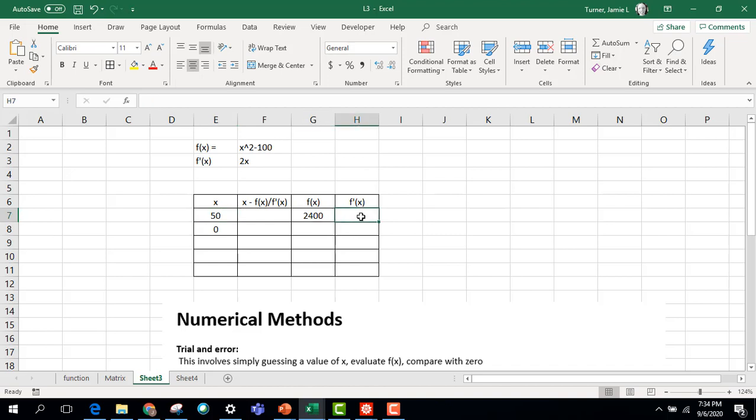Here's our derivative, which is 2 times x. Then to find our new point, we say equals x minus, so this is like the base of that triangle, right? This divided by this. Here's the base of our triangle.